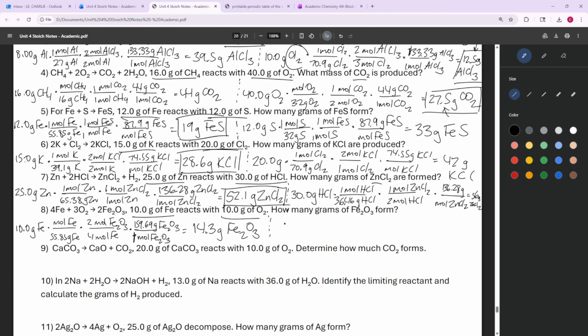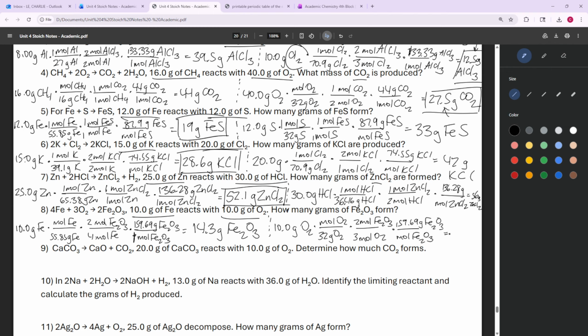And if we compare that to oxygen, that's 10.0 grams of oxygen times 32 grams of oxygen for every mole of oxygen times every 3 moles of oxygen get us 2 moles of iron oxide times for every mole of iron oxide we have 159.69 grams of iron oxide.